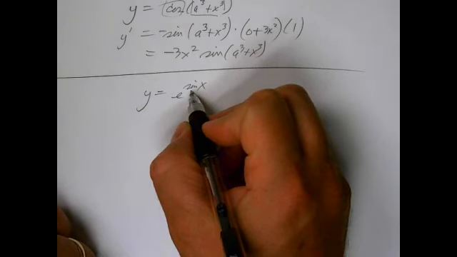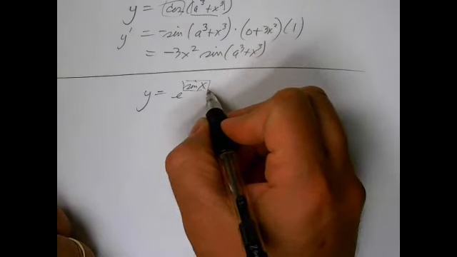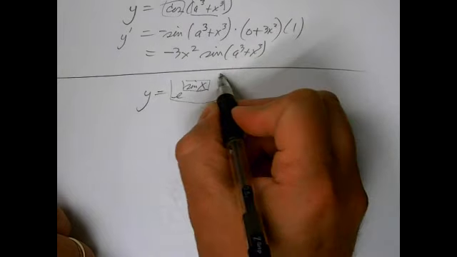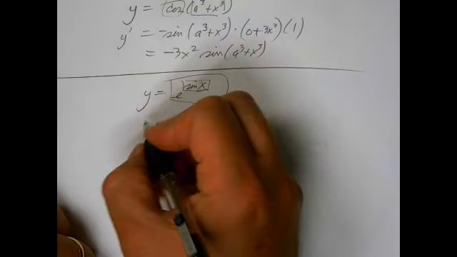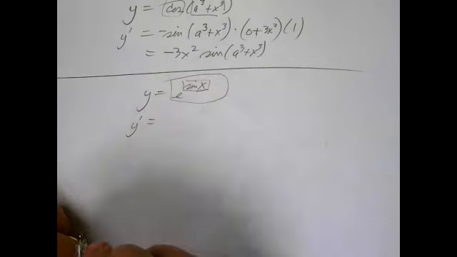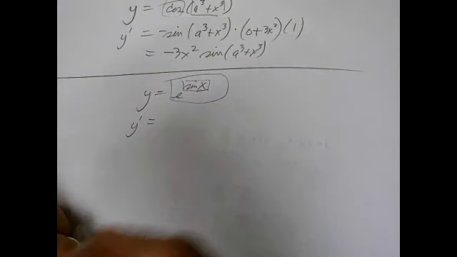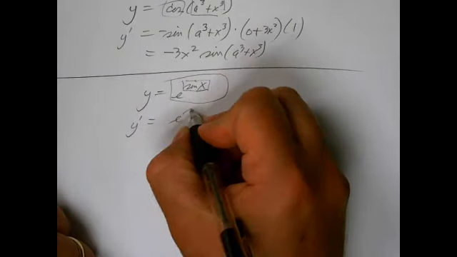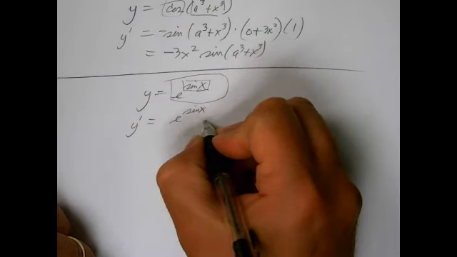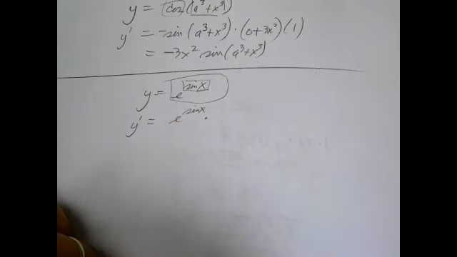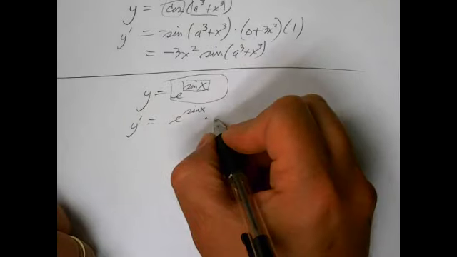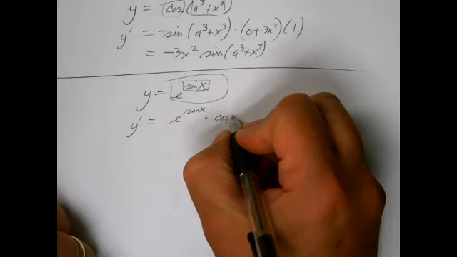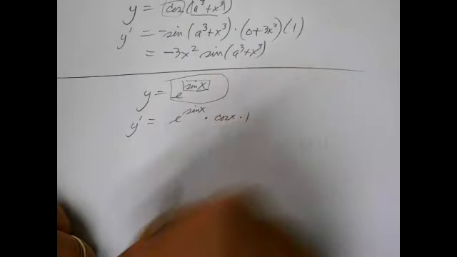This is a function, being the sine, inside of another function, that being the exponential. So y prime says derivative of e to the power is e to the power. And then the chain rule says times the derivative of the power. Derivative of sine is cosine. Derivative of x is 1.